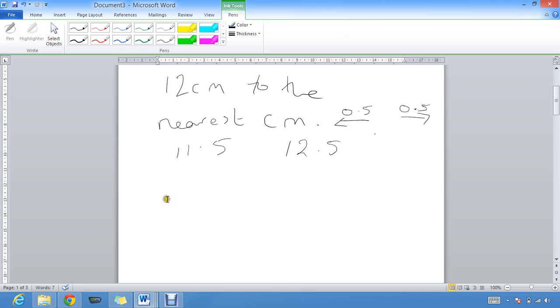But what, for example, if we have 6.2, say something weighs 6.2 grams to the nearest 0.1 gram.